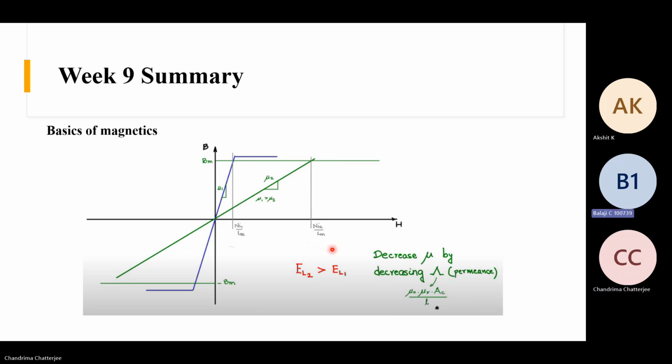Where can we get the core, ma'am? Ferrite core? Any company? There are many manufacturers. We are working on wireless power transfer and we are trying to get the ferrite material, but we are unable to get it. There is Cosmoferrite.